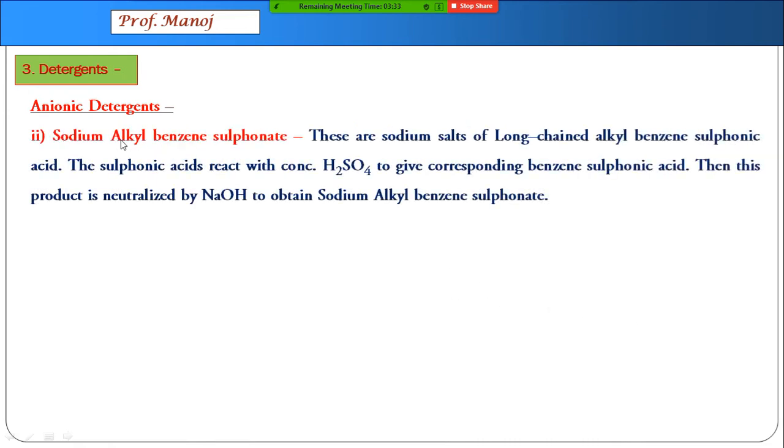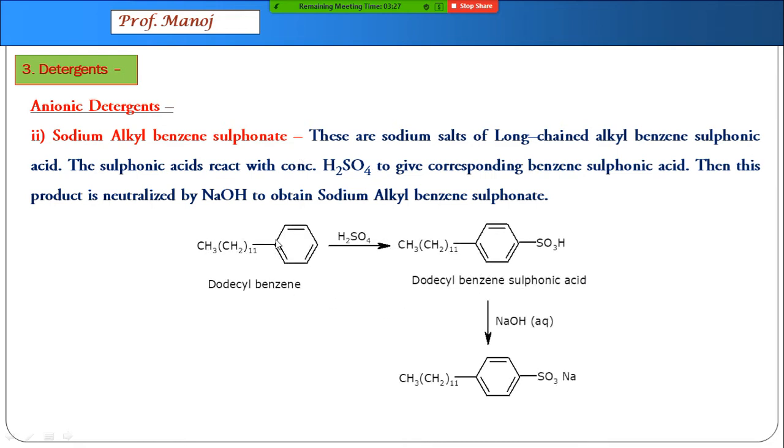Similarly, we can have sodium alkyl benzene sulfonate. Now check the difference. We take here dodecyl benzene, that means 12 carbon atoms connected to benzene. Exactly the same way, react with sulfuric acid, and at the para position a sulfonic acid group comes.